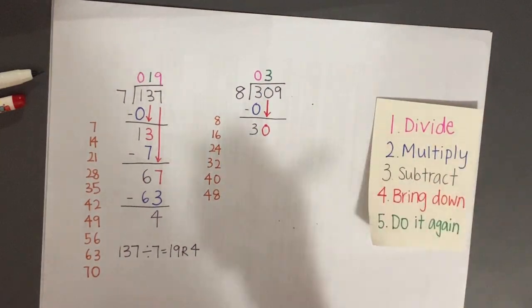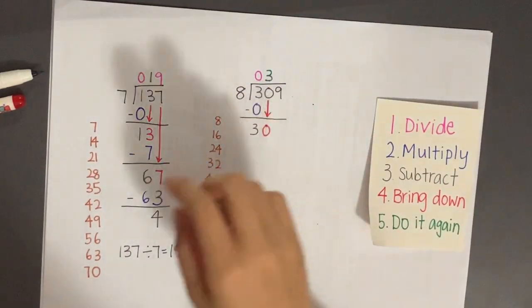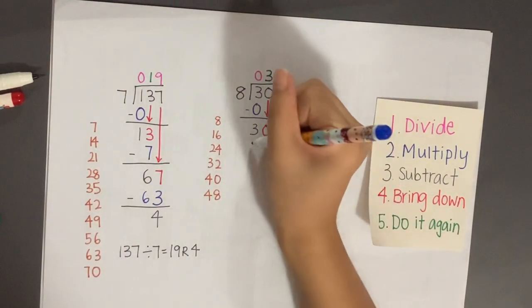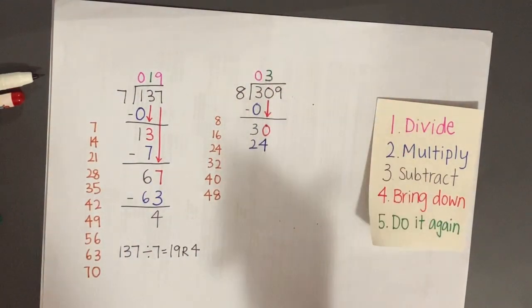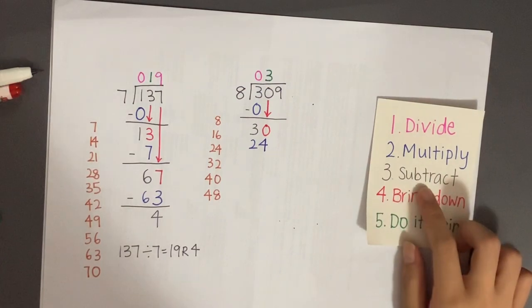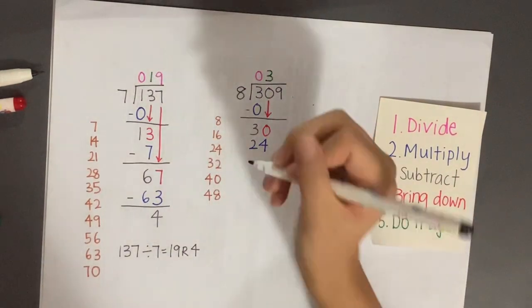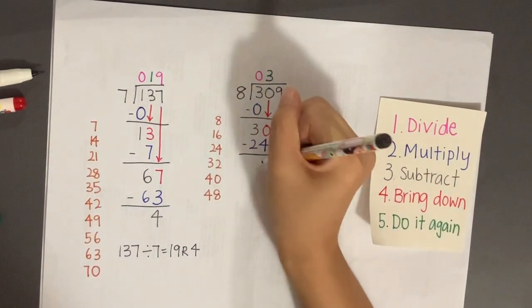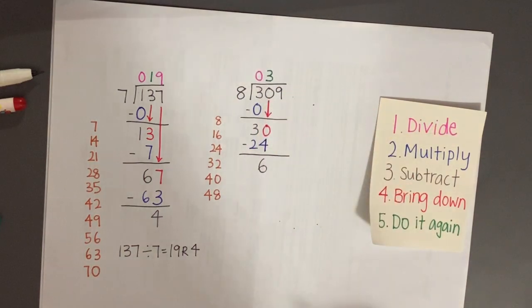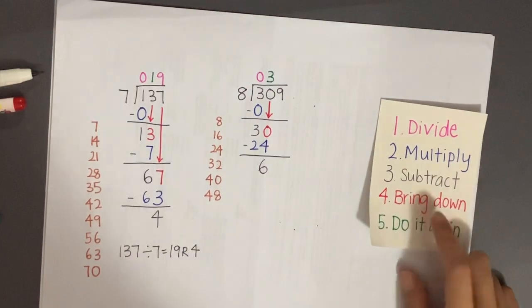So 8 times 3 is 24. So I need to subtract. And I get 6. After subtract, I bring the next number down.